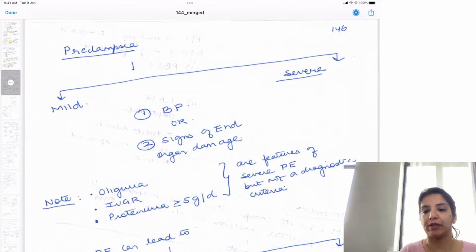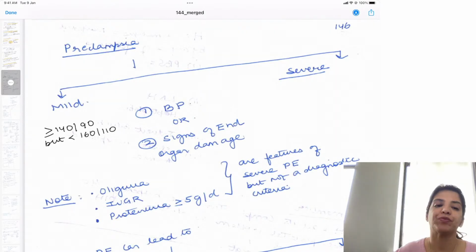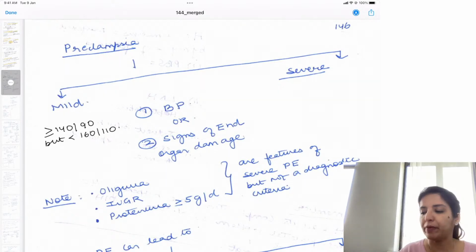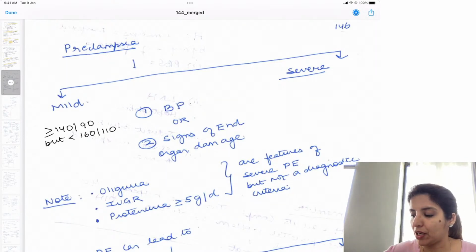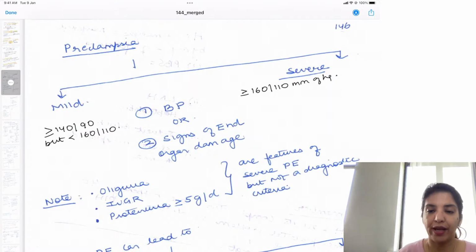Mild pre-eclampsia का मतलब है BP is more than equal to 140 by 90 but it is less than 160 by 110, whereas severe preeclampsia means BP is more than equal to 160 by 110. Right?